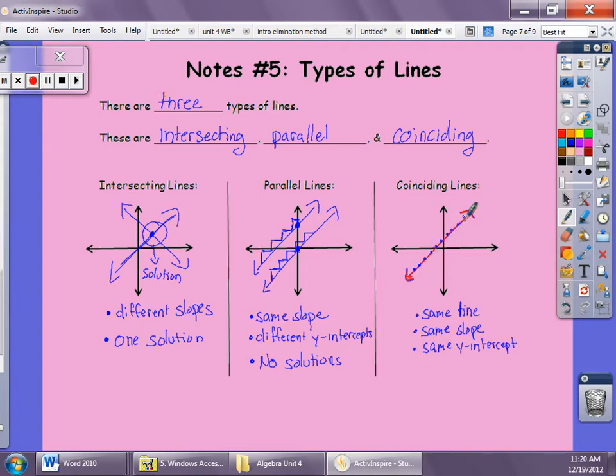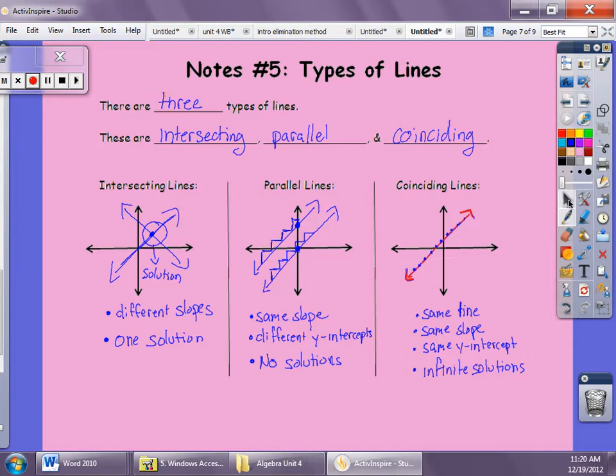So they have infinite solutions, as many solutions as you can think about. The lines extend forever, so any point on this line will be a solution.